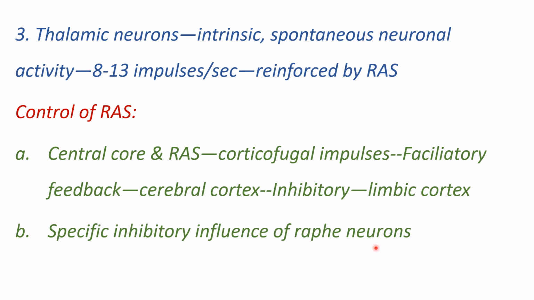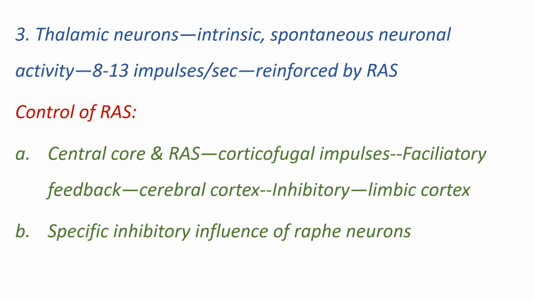Raphe neurons, if you remember, are the serotonergic neurons, and these raphe neurons release serotonin. The serotonergic neurons mainly cause the drive of the reticular activating system and intrinsic thalamic activity to be reduced, and thus the EEG characteristics we see will be the setting of sleep.